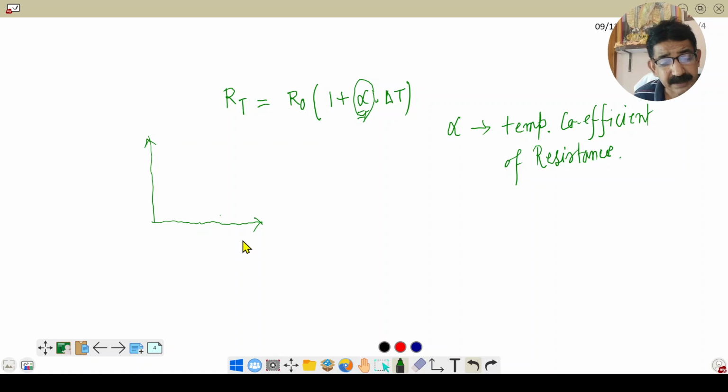Along the x-axis temperature, along the y-axis resistivity, and the graph will be like this.